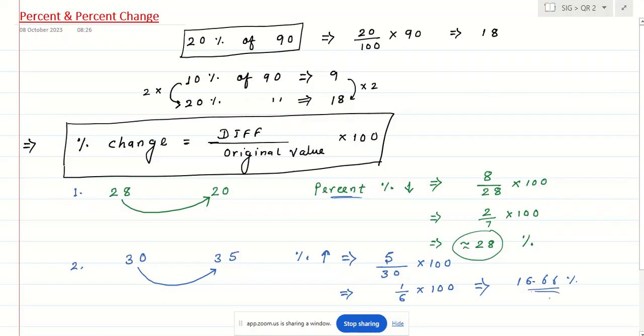That is the one expression you should keep in mind. That is called percentage change. It could be decrement, it could be increment. That depends. If it's an increment, keep in mind the lower value will be the original value. If it's a decrement, the higher value is the original value. Make sense, everybody?